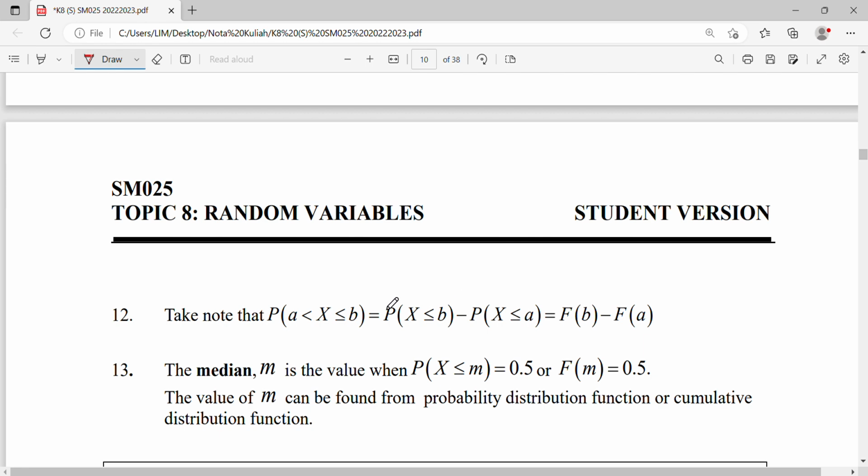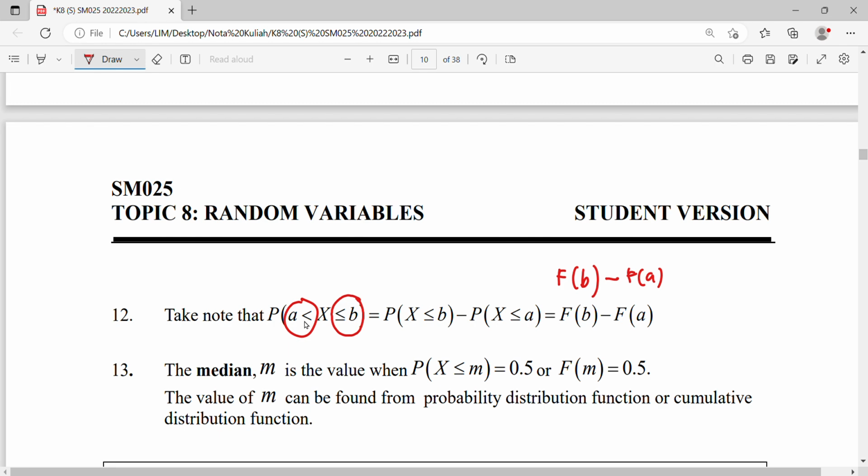You'll see the maximum that you want is equals to b. So we will accumulate up to b minus your random variable in between a and b. A is not included, b is included. So when you use F besar, maksudnya that probability tu dah accumulate, dah berkumpul. So kita ambil probability dah berkumpul sehingga b, tolaklah F a, sebab a tak ada equal.